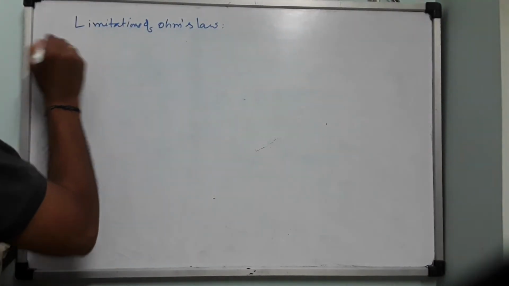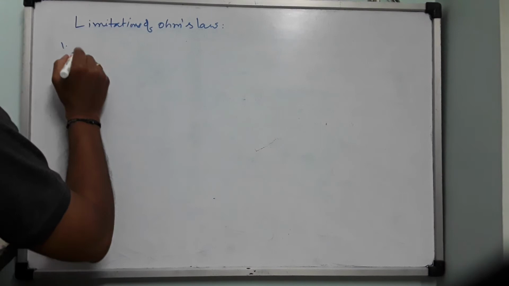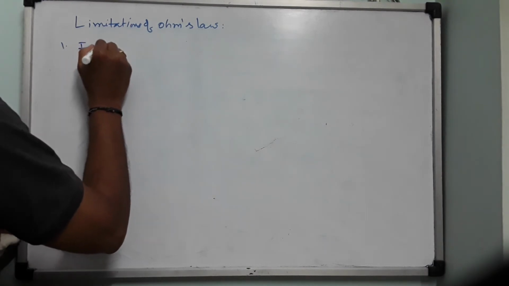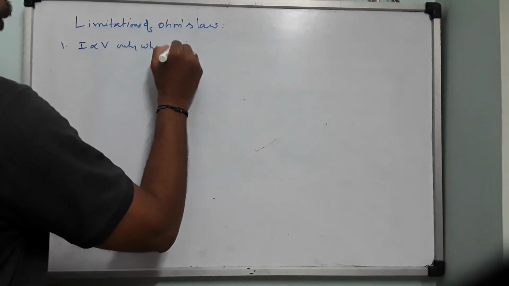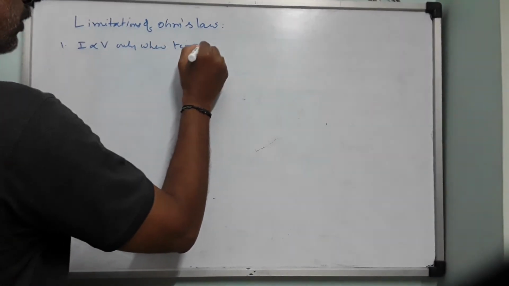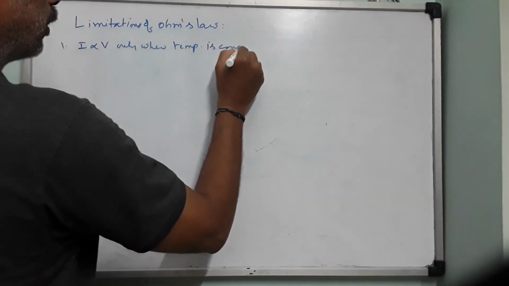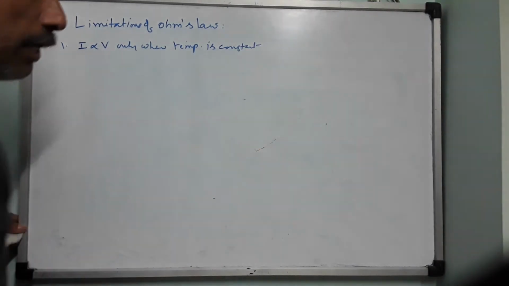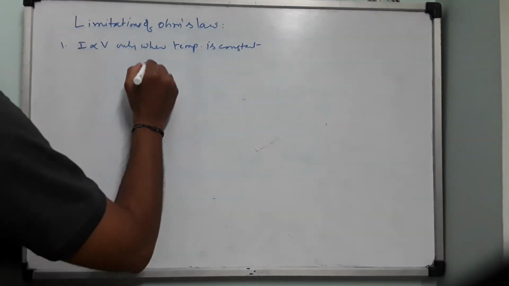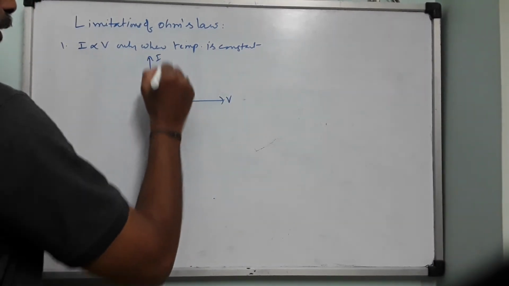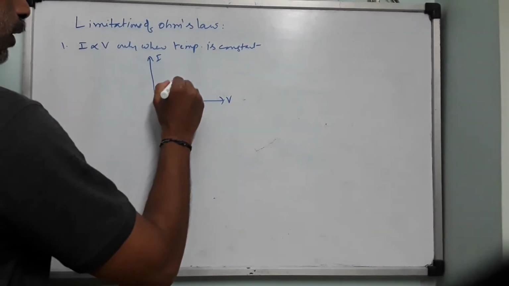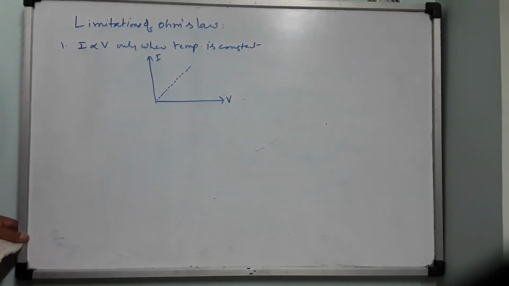Number 1. I is proportional to V only when temperature remains constant. If you plot a graph of voltage and current, this dotted line indicates the theoretical Ohm's law.